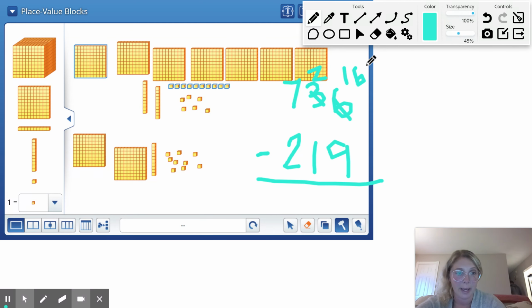We can count back from 16. So if you count back from 16, it'd be 15, 14, 13, 12, 11, 10, 9. So I would get 7. Or you can count up 9, 10, 11, 12, 13, 14, 15, 16, and you'd get to 7.